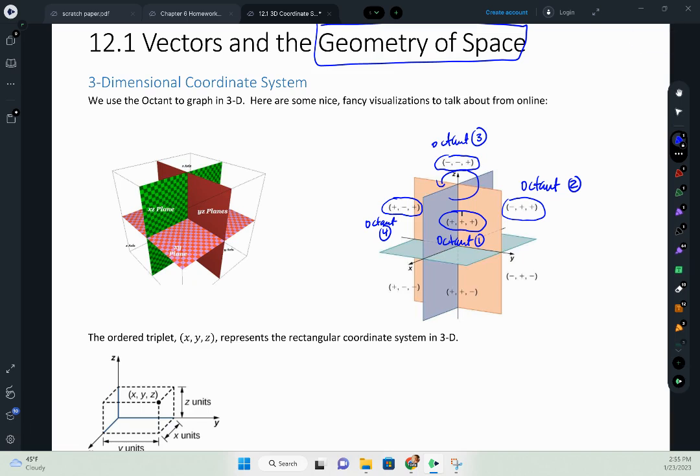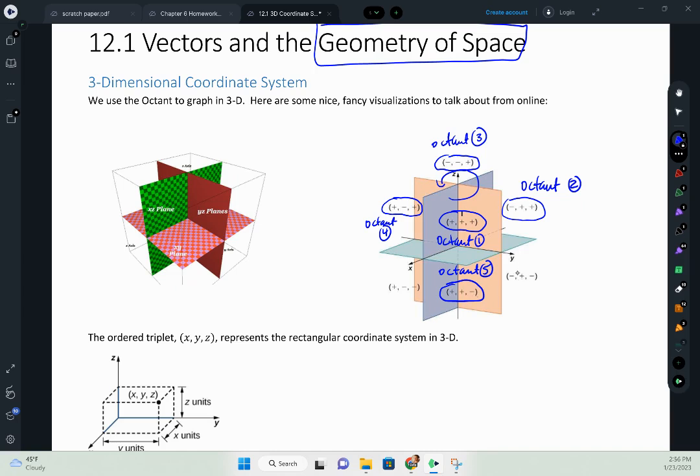Octant 5, we go downstairs to the bottom right room, where X and Y are positive, but now Z is negative because we are downstairs. Then again, we take another tour around in the counterclockwise direction.